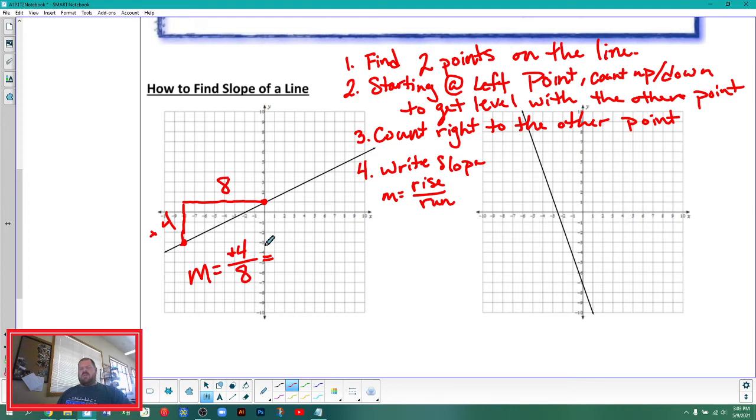Now that one does reduce because I didn't pick the 2 points closest to each other that were good intersections. We can see that right here would be another good point to use. If I was going from this point to this point, I would only go up 1 and over 2. In the same manner, 4 over 8 reduces to 1 over 2.